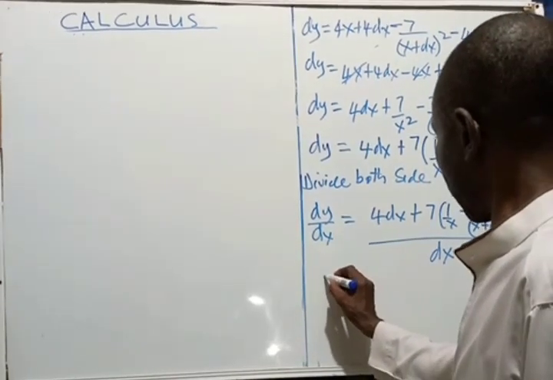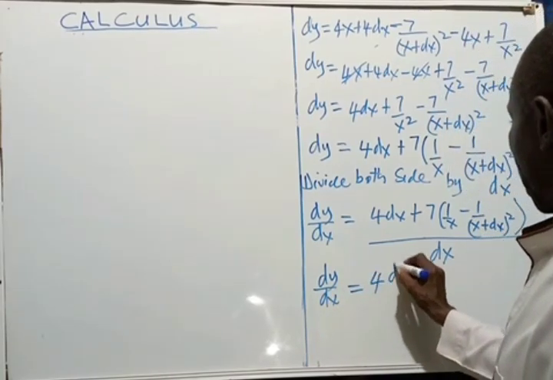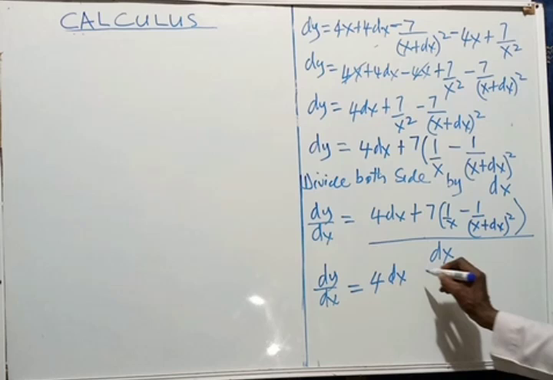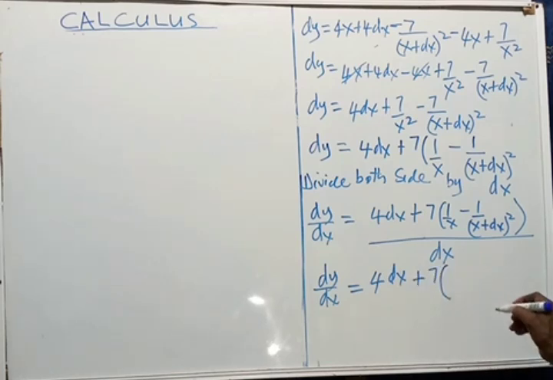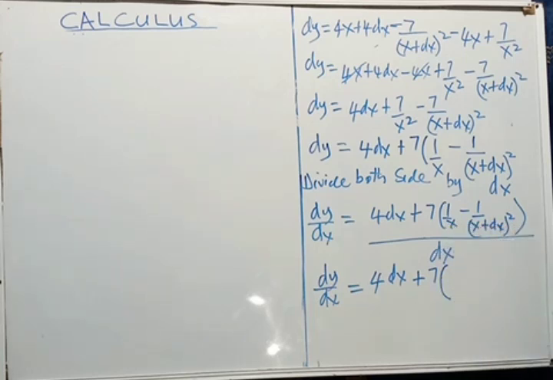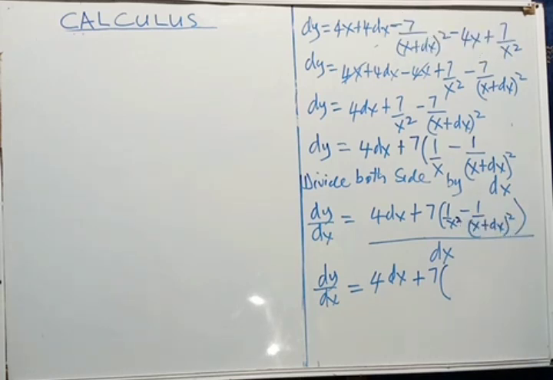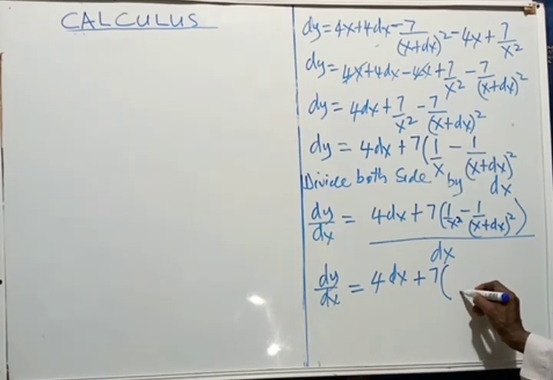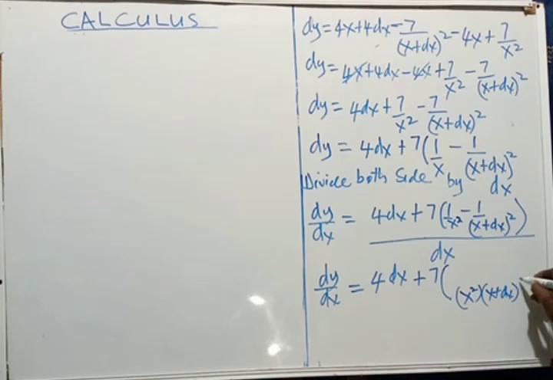I now simplify this further. The dy over dx equals 4 dx plus 7 into, I'll look for the LCM of this, x squared and x plus dx raised to power 2. The LCM is simply x squared in bracket and x plus dx in bracket.